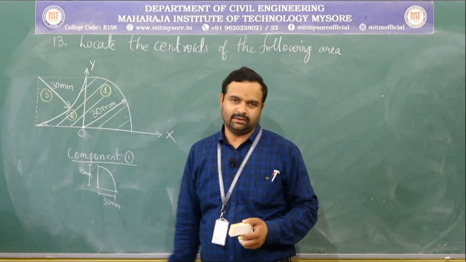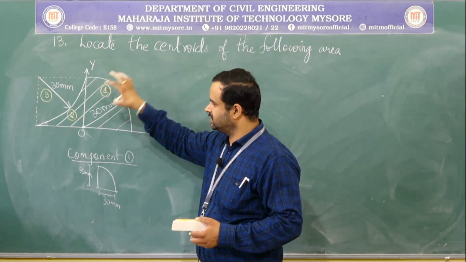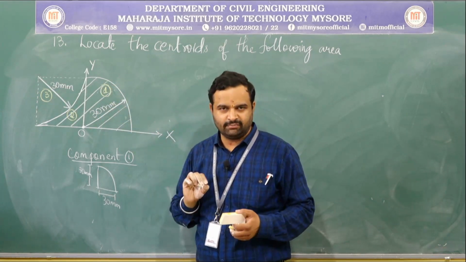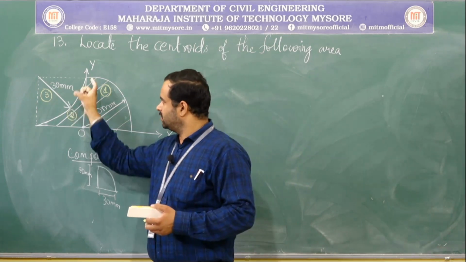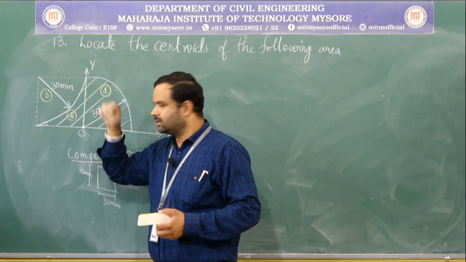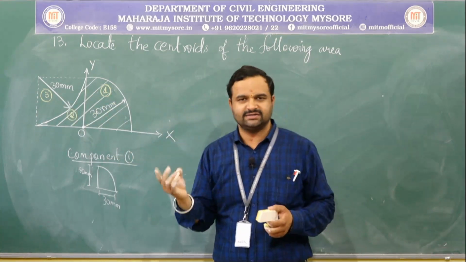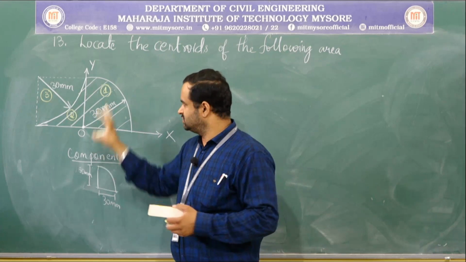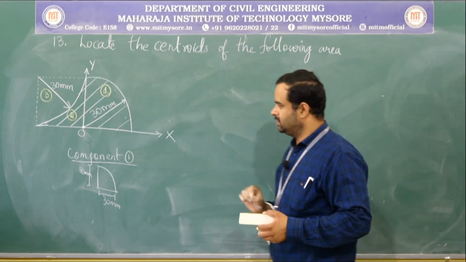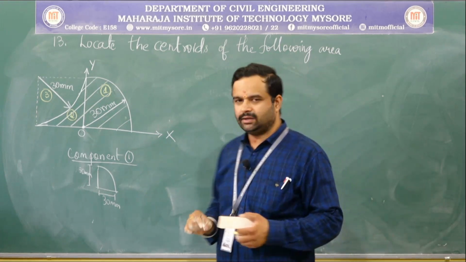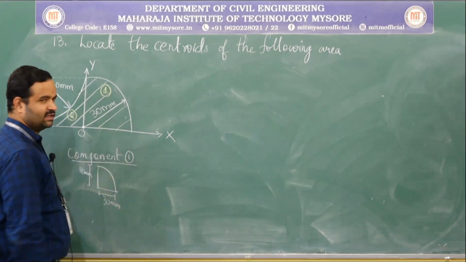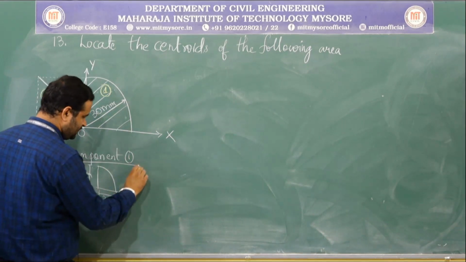So, you need to consider component 1 as the quadrant of radius 30 mm, and the second component will be the square of size 30 by 30, and the third component be a quadrant of radius 30 mm. So, this is not a semicircle, it is a quadrant of a circle. Please be careful. So, quadrant of a circle, and I have written the radius as 30 mm and 30 mm because it is given.